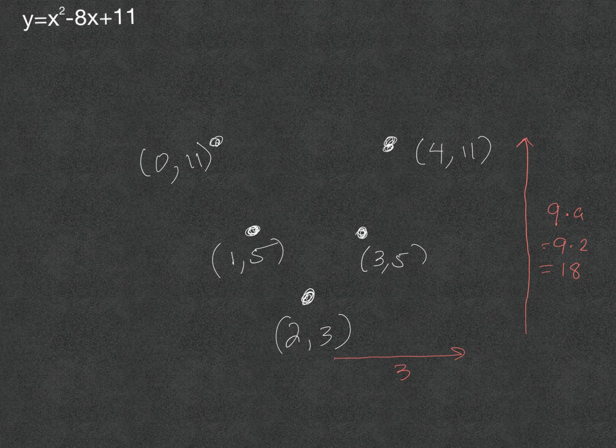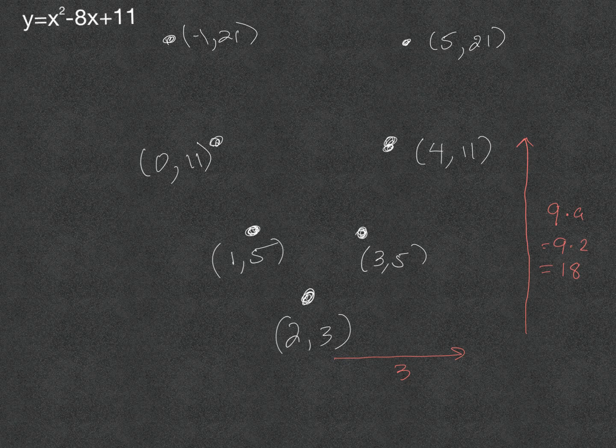So my next point would have been over 3 from the vertex is 5, up 18 is 21. And then I already know the 21 for the left side, that's going to be comma 21 because it's symmetric. And then I'm going to go just negative 1, 21, and connect the points.